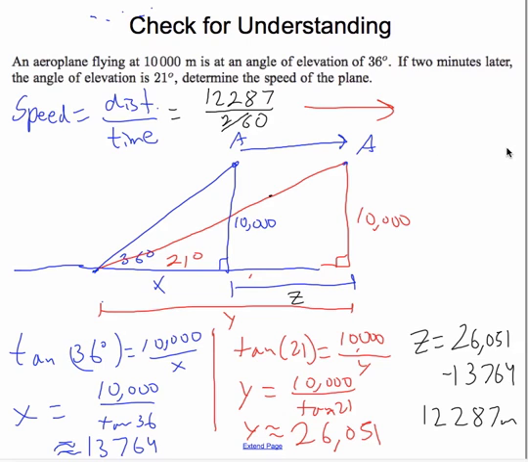We have a calculator handy, so we can actually do this calculation. And I want my answer maybe to be in kilometers per hour, so I'm going to do 12.287 kilometers per 2/60ths of an hour and get my answer in kilometers per hour.